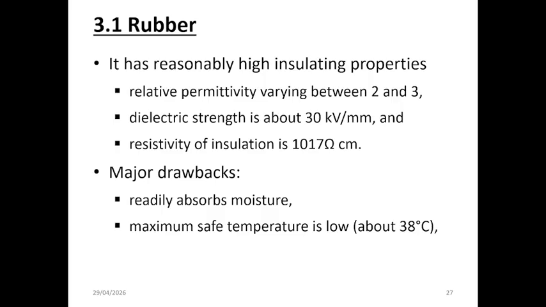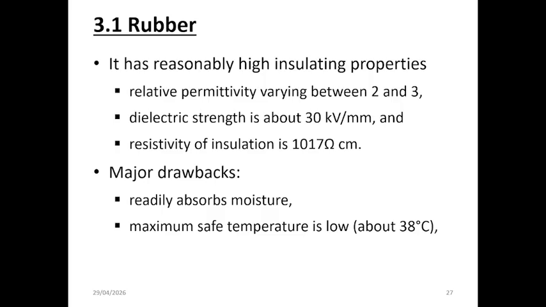Based on my previous experience in industry, these two materials are usually used, especially in industries. So this slide describes rubber as an insulating material used in cables. Rubber has reasonably good insulating properties with relative permittivity between 2 and 3, dielectric strength of about 30 kilovolt per millimeter, and a high resistivity of approximately 10^17 ohm centimeter.